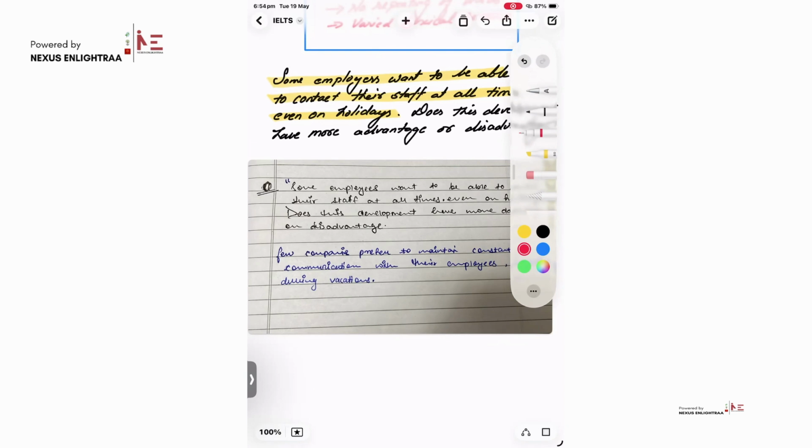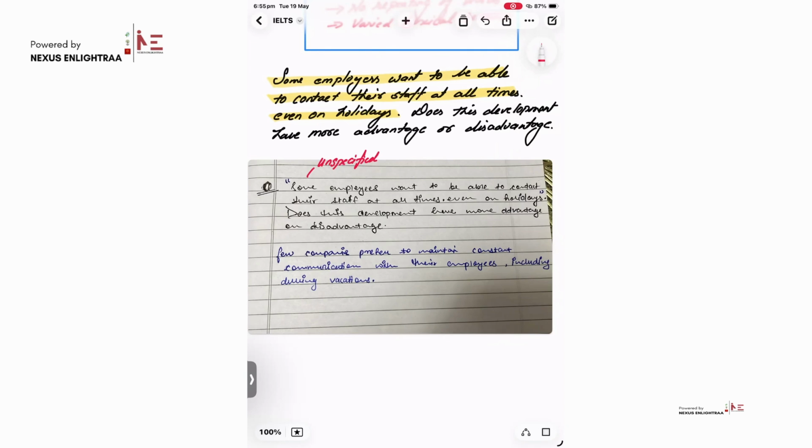The main difference between some and few is that some is an unspecified amount, and few is a small number. So is it the same thing? No, it's not.